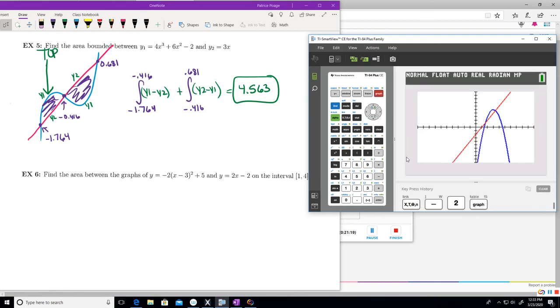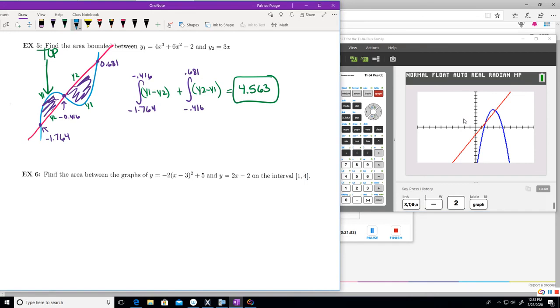And I'm going to hit graph. And then it says on the interval from 1 to 4. So here's 1. So it does look like that point of intersection is important. Okay. I'm going to go ahead and just roughly draw my two graphs.